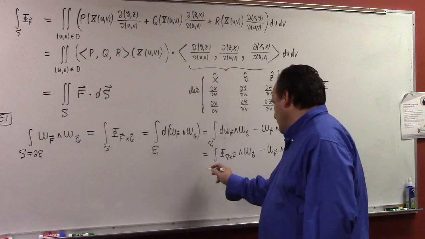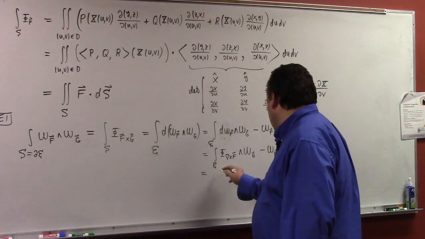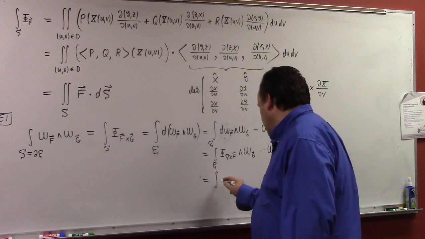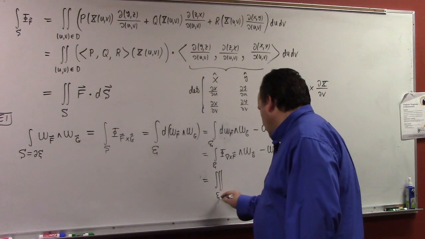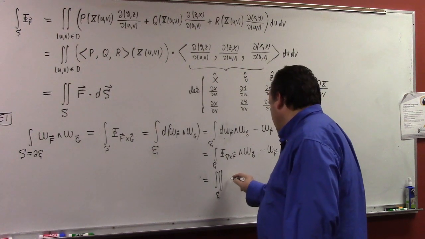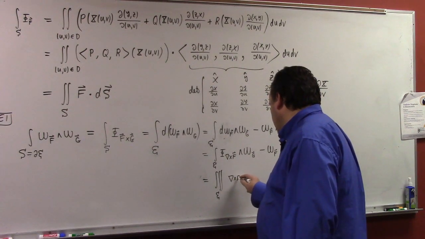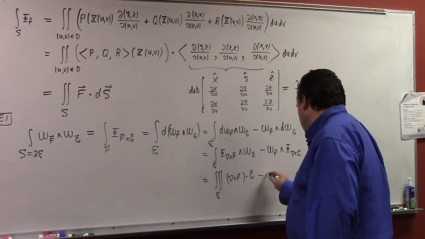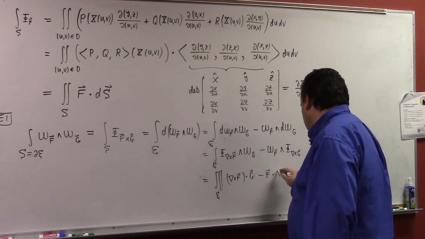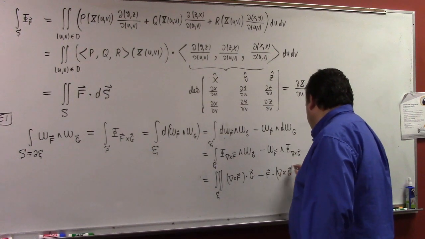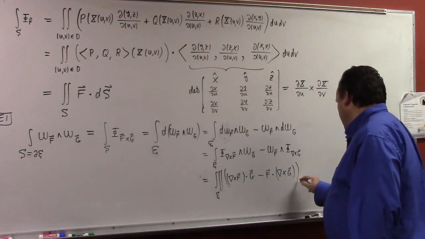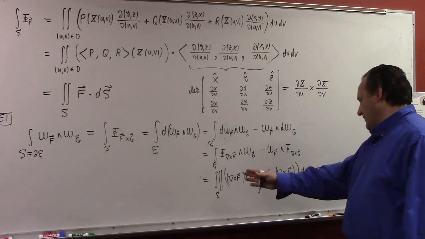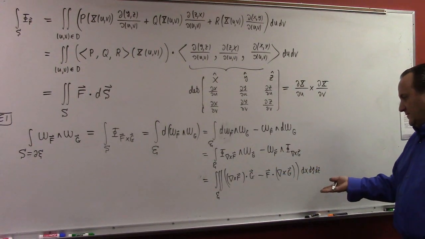And lo and behold, let me just get to the point here, we have the triple integral over E, right? And this gives me the dot product of the curl of f with g minus f dot the curl of g, dx dy dz rather, because I'm going back to a regular triple integral.